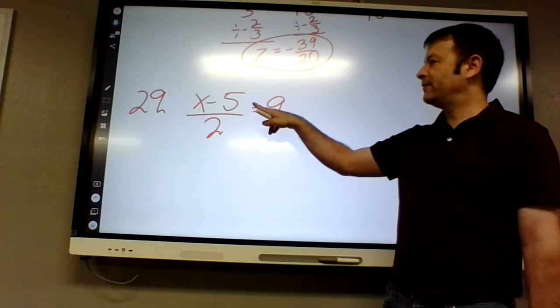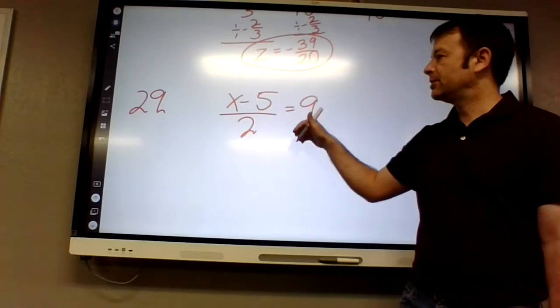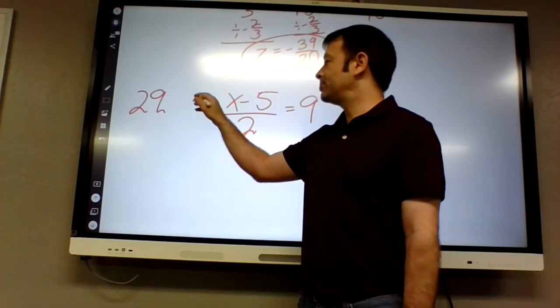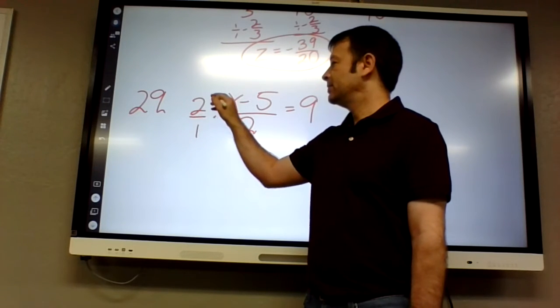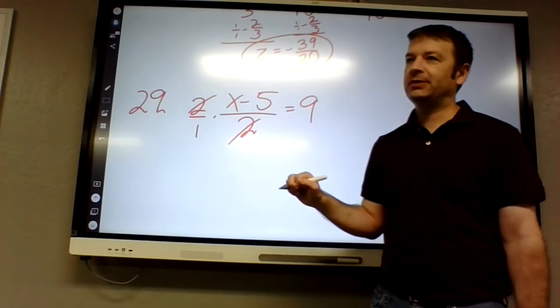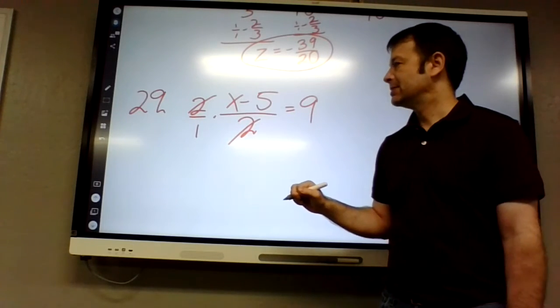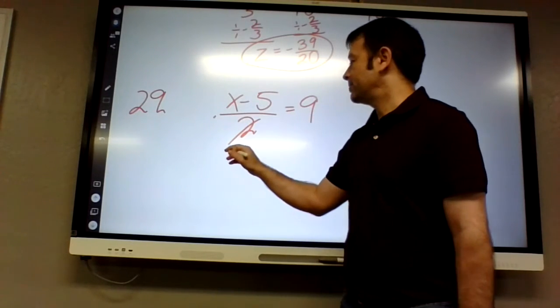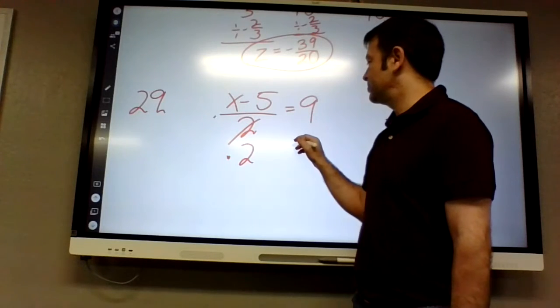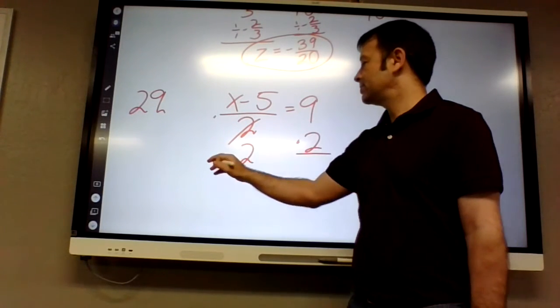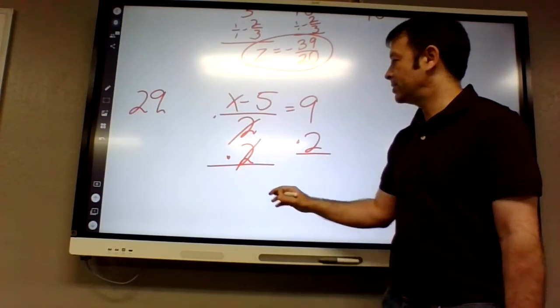So how do I get rid of divide by 2? Times 2. So what happens when you multiply by 2 is basically that, it goes away. I'll just write it down here though. Times 2, times 2. Those go away.